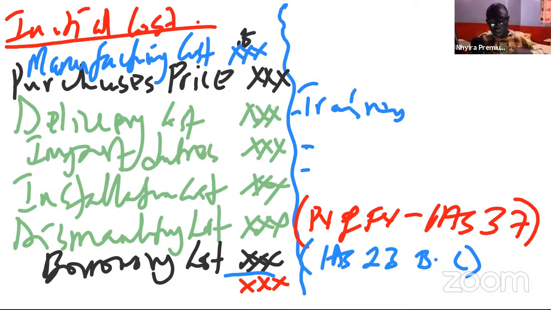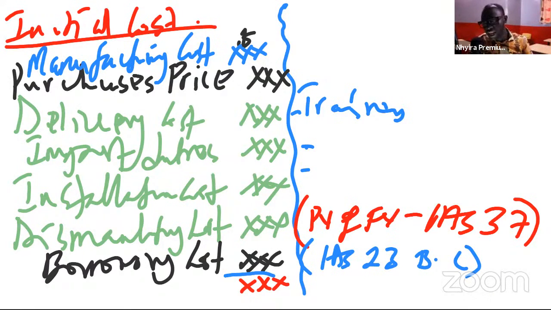Then we come to the initial cost of the asset. What should constitute the initial cost of the asset? According to IAS 16, property, plant and equipment, the initial cost of an asset shall be the purchase cost or the manufacturing cost and all other costs incurred in bringing the asset to its present use. That is what we mean by the initial cost of an asset.